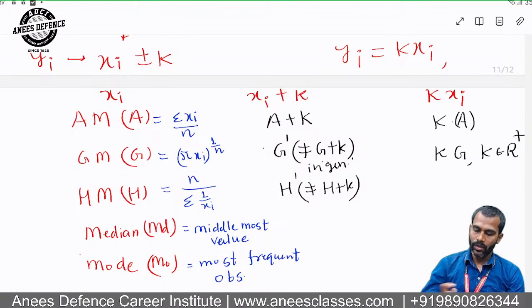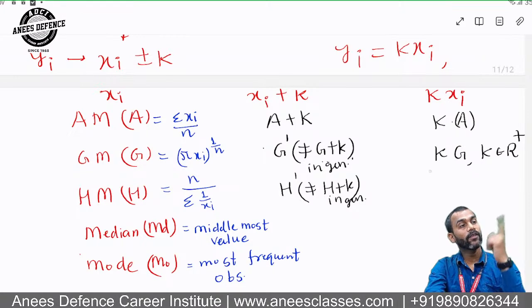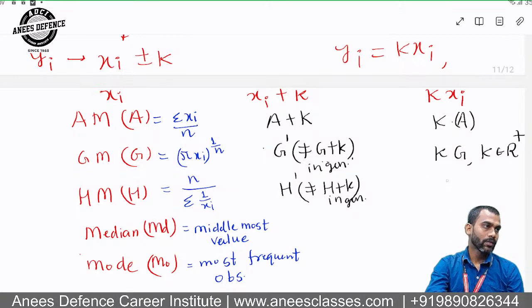Now, if you multiply each and every observation by K, K into xi will be in the denominator and K will come in the numerator. So I can write K times n divided by summation 1 by xi, which is K into H.